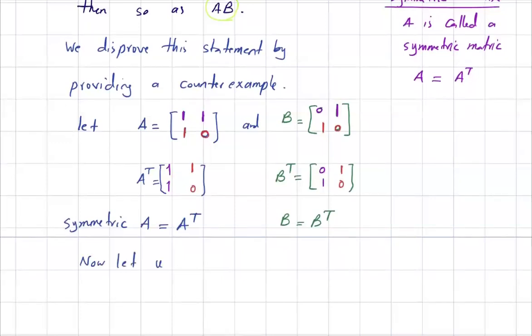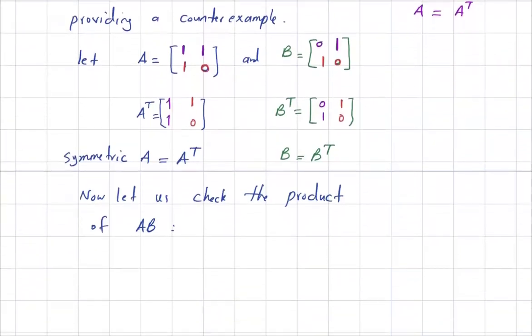Now, let us check the product or multiplication of A and B. The multiplication of A and B, 1, 1, 1, 0 by 0, 1, 1, and 0 is equal to, well, we're going to take the very first row and find the dot product with the first column, which gives us nothing but 1.